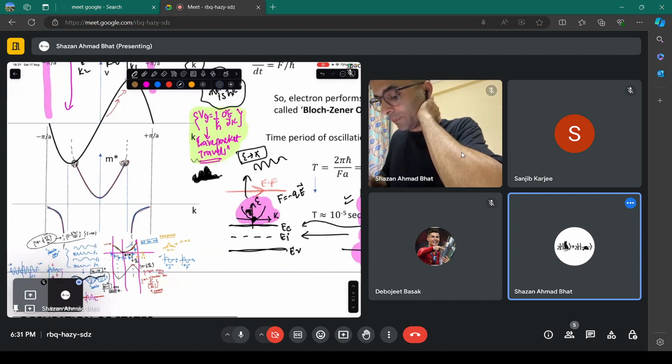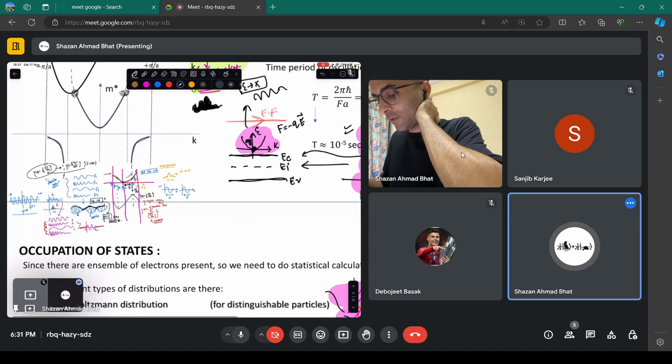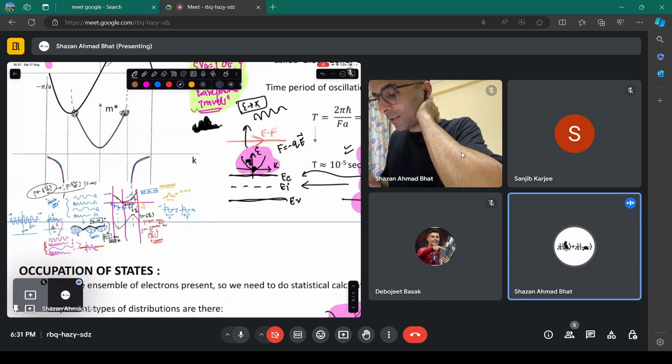But the reason the electron does not reach this point is that there are impurities at other states, and because of the impurities, the electron hits there, it goes here, and it keeps on moving inside the Brillouin zone, inside that particular lattice cell.